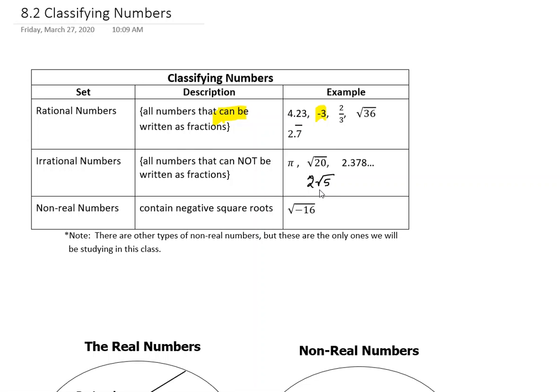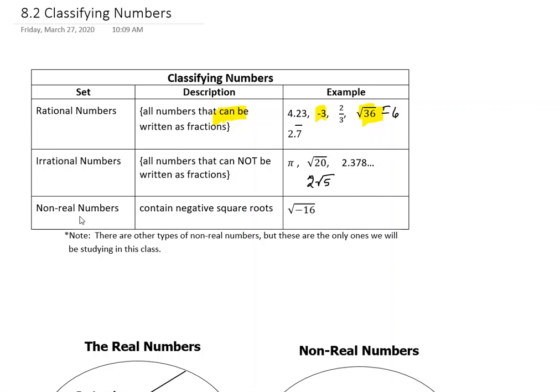And one thing I want to point out about square roots, that just because you have a number that has a square root in it doesn't mean that it's irrational. If we look back up here with the square root of 36, well, the square root of 36 is 6. And 6 is a rational number. Okay?